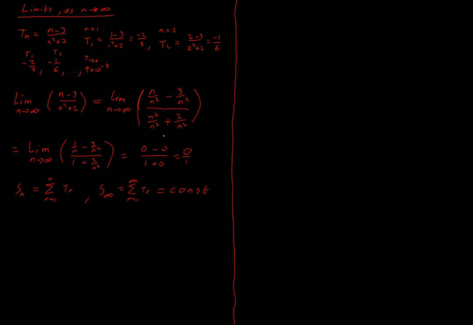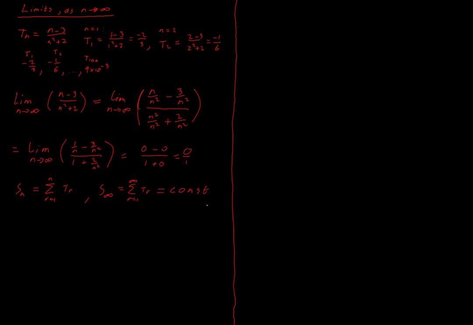And that happens when our nth term, our Tn, tends to 0 as n gets bigger and bigger and bigger, as n tends towards infinity. So if we have a series that gets smaller over time down towards 0, specifically if we have Tn getting smaller and smaller down towards 0, then our sum to infinity actually adds up to a constant.